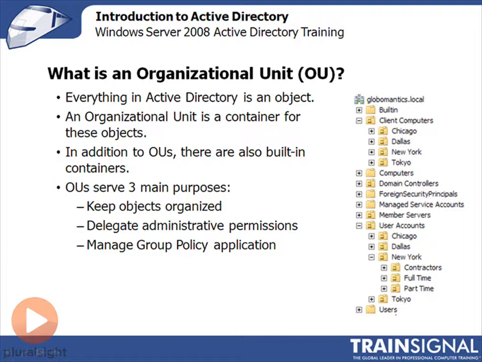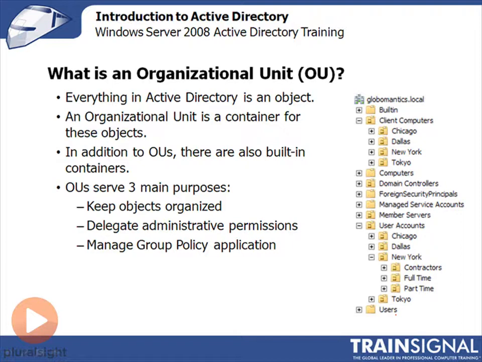Another purpose of our OUs is for the delegation of administrative permissions. In other words, I'd mentioned that the domain is the core administrative unit. Well, as we'll learn in a later lesson, we can break down those administrative permissions and delegate them out to different people over different areas of our network.